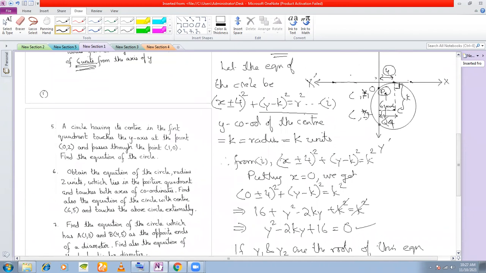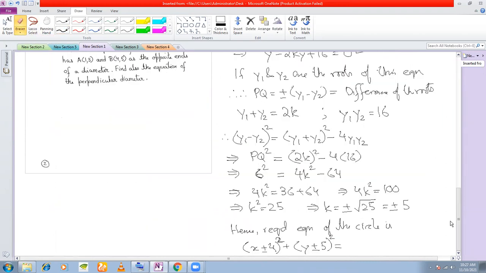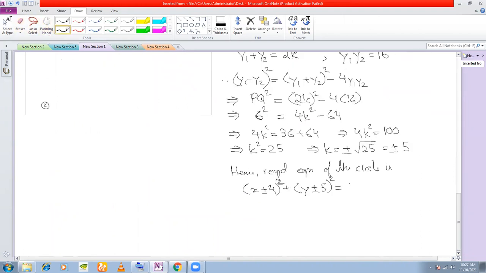Let's call this equation 2. k² is (±5)². That's it. So the equation of the circle is this, equal to 25.